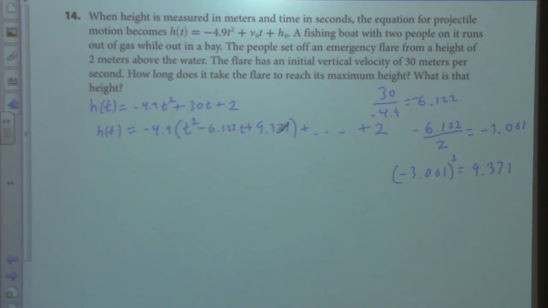Yeah, times 4.9, so 9.371 times 4.9 is 40 something. It's 45.917. We'll call it 45.91. And so now, can we write this and complete this here? So we have t, it's going to be t what?